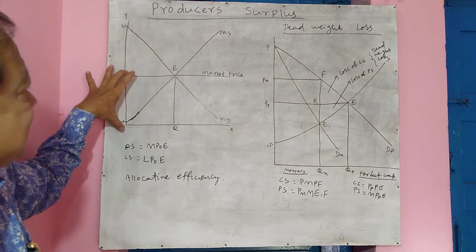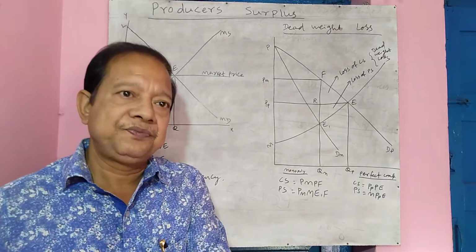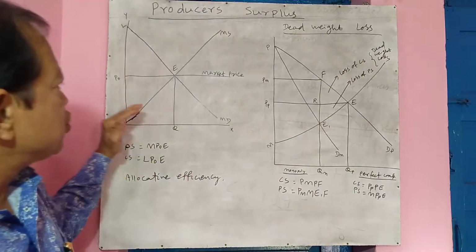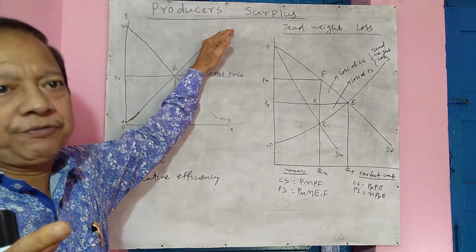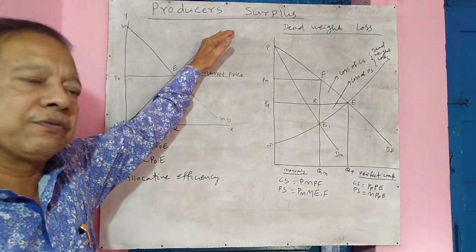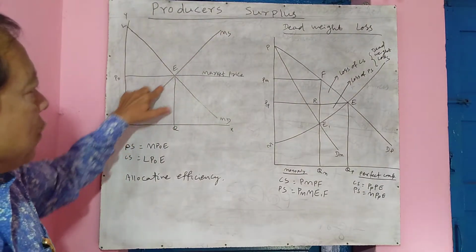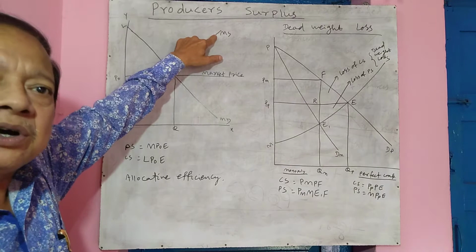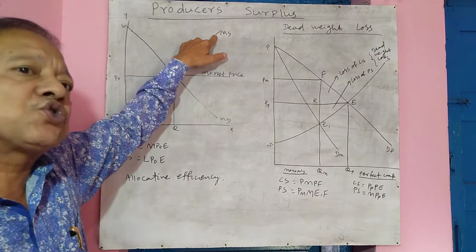Now, if this is the total revenue, how much is the marginal cost? Remember, the supply curve is always the marginal cost curve. The supply curve starts from point M and goes upwards. This is the marginal cost, because we know as you go on producing more and more, the marginal cost rises.